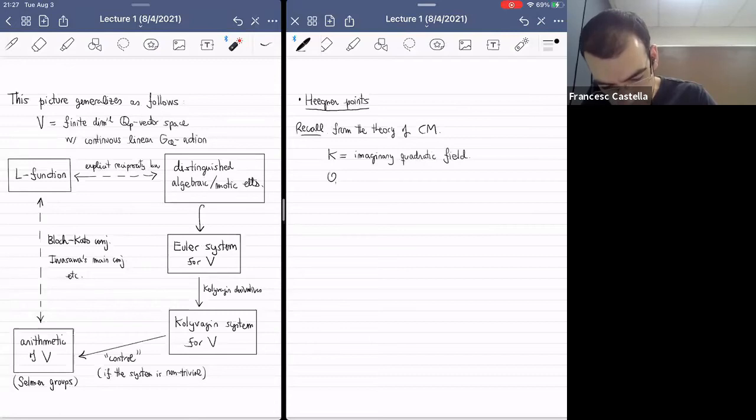And given a positive integer n, we have this O_n, which is the order of K of conductor n. Here O_K is the ring of integers, and this is the so-called order of K of conductor n.